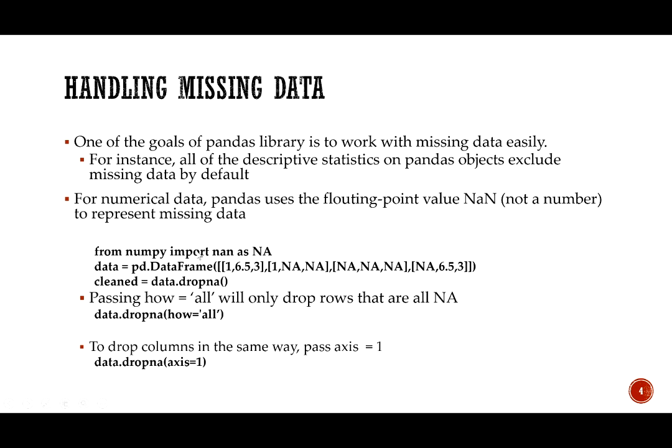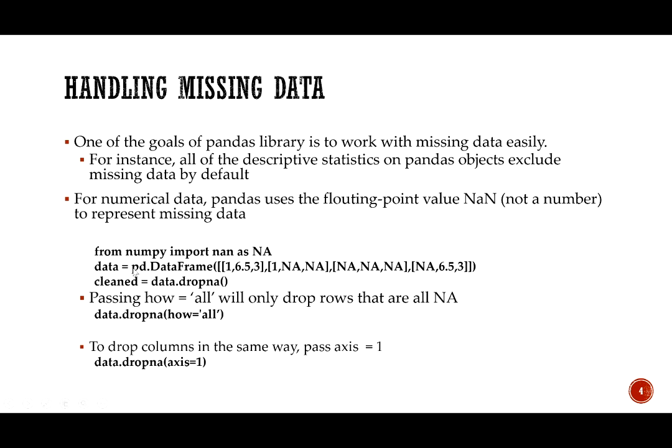From this library, we import NaN, which represents not a number points, and then we assign it the name capital NA, which represents missing values. We are going to talk about the Numerical Python library later on, but for now we import the not a number entity in order to represent missing values.